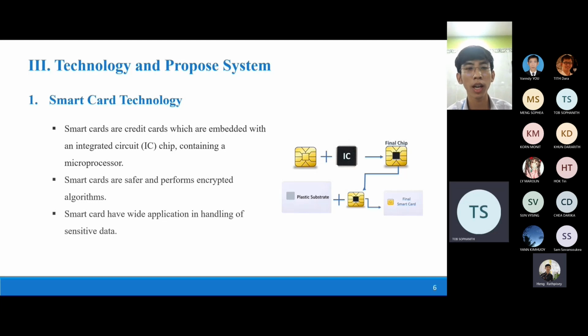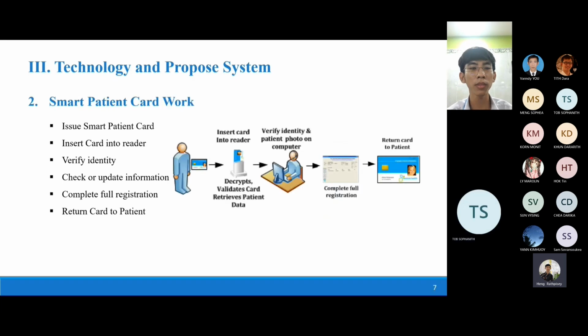Moreover, smart cards are safer than magnetic stripe cards and perform encryption algorithms through a smart card reader. Smart cards have wide application in handling sensitive data such as finance, identity, and personal health information.